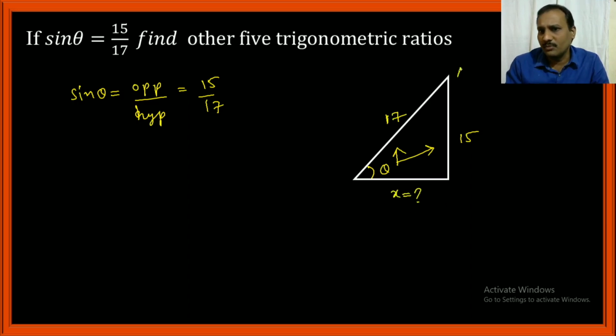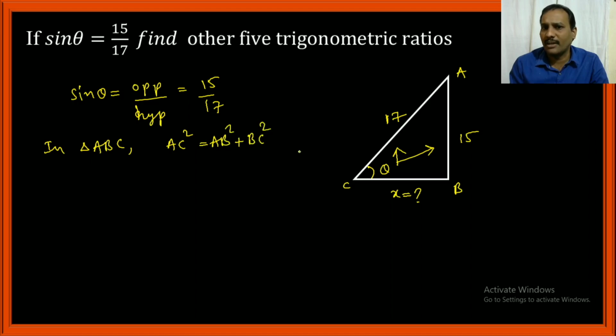So assume this triangle as ABC. So in triangle ABC, as it is a right angle triangle, you can say that AC square is equal to AB square plus BC square. We have to find the x, the adjacent side to theta, by using the Pythagoras theorem. So you have 17 square is equal to 15 square plus x square.